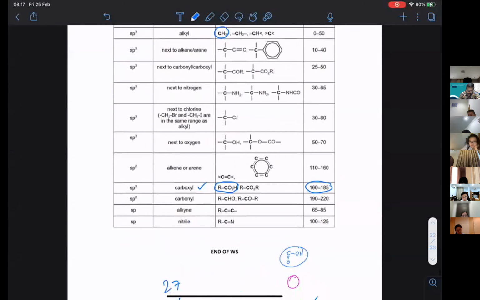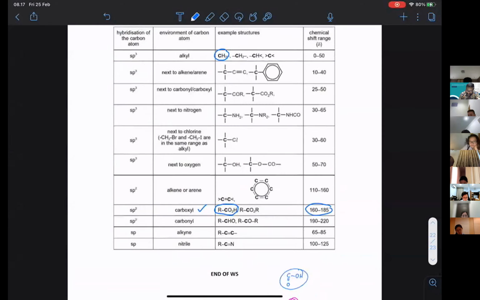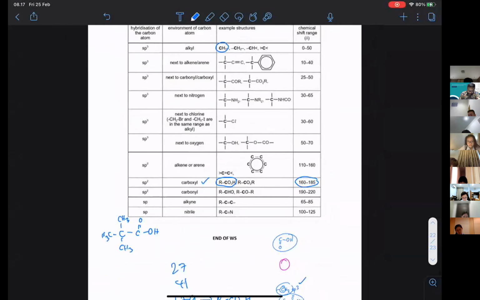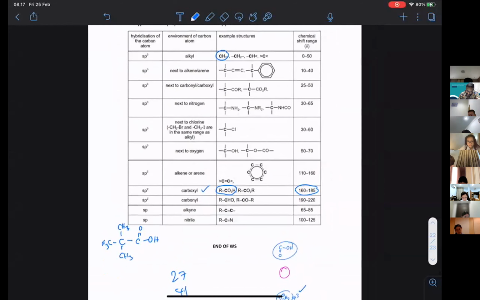But do remember the CH3 is next to a carbon, like this: CH3, CH3, and then you have this, if I'm not mistaken. Definitely not this one.